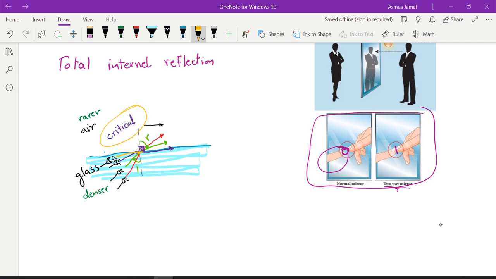The light this time will not refract but will totally reflect. So if the light is traveling from denser to rarer and the angle of incidence in the denser medium is greater than the critical angle, the light will totally reflect.